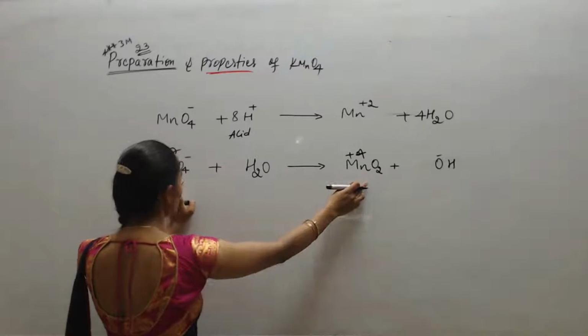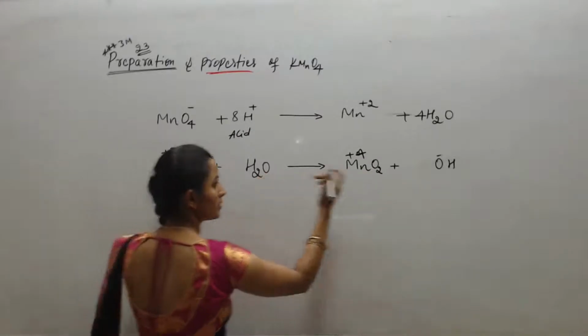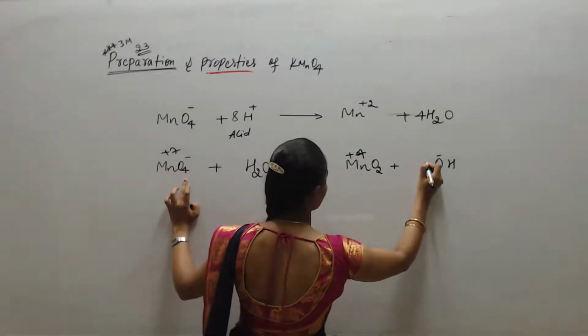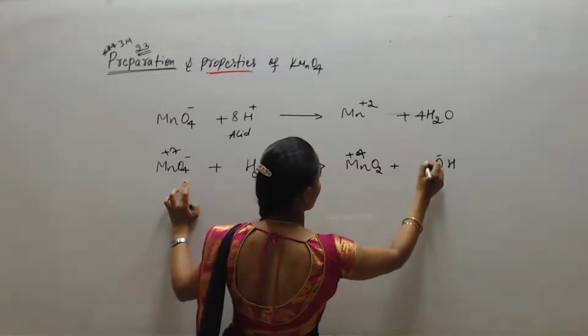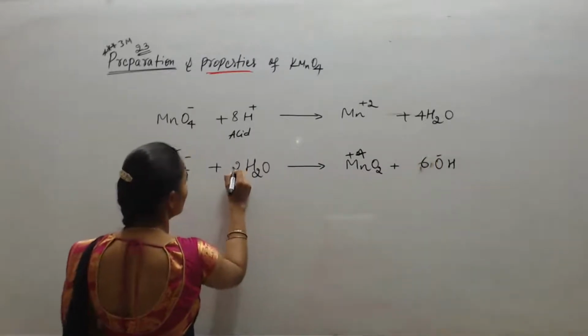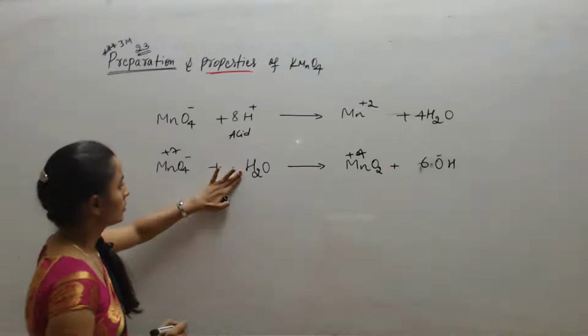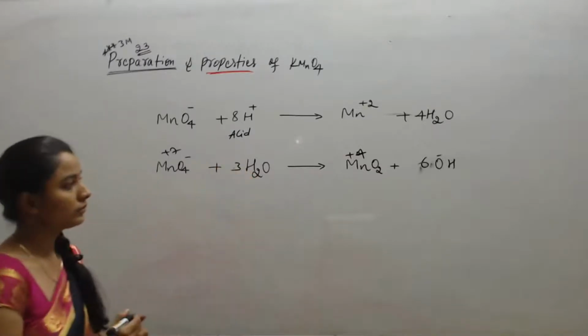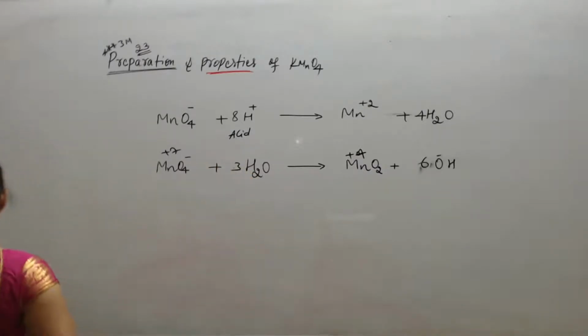Here MnO2 means 2 oxygens left. Here 3 oxygens means you simply write 3 OH minus. I will write 6 OH minus by writing 2 here. So this is the balanced reaction.